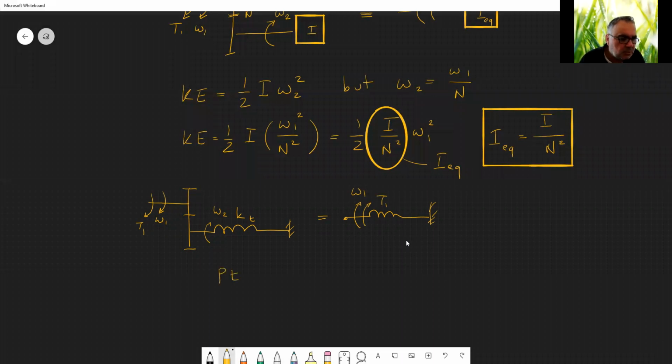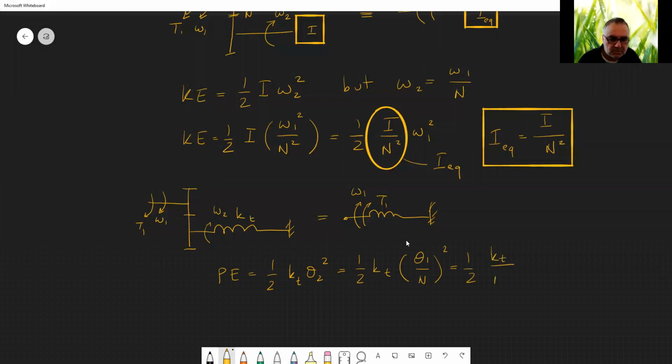Here, the stored quantity is the potential energy, which is 1 over 2 kT times theta 2 squared. Well, theta and omega have the same relationship. For example, this is theta 1 over n squared, which is 1 over 2 kT over n squared theta 1 squared.